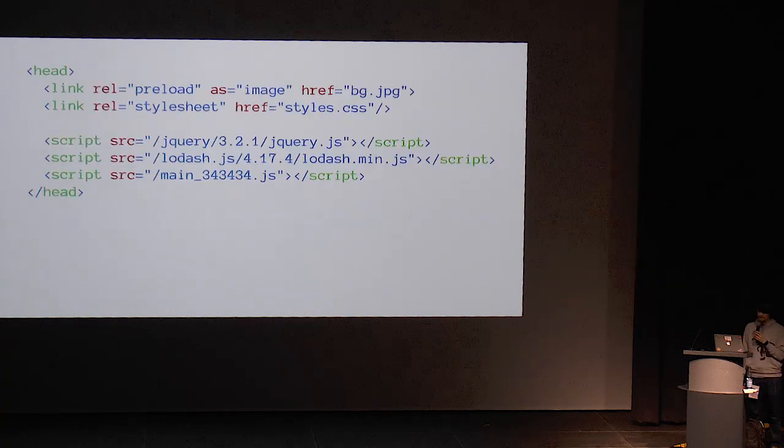What you can do is add a link tag to your head. It's in this case above the style sheet, with rel set to preload, and the href is your background image. And this tells the browser that you want this asset to be downloaded as fast as it can, so you don't need to wait until it finds it in the style sheet.